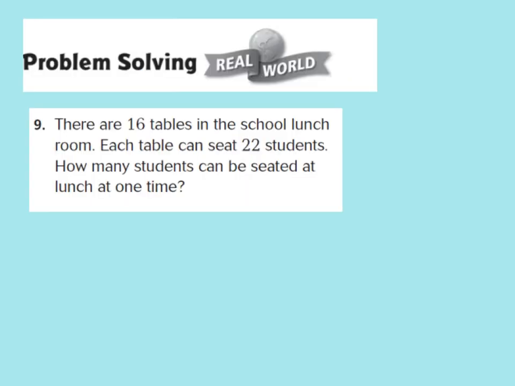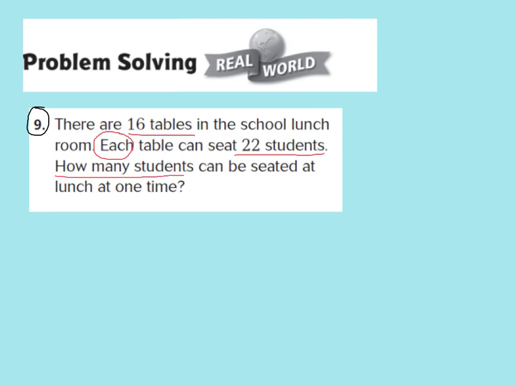Let's jump to number 9 in your Go Math book for our problem-solving question. Don't forget to circle number 9. It reads, there are 16 tables in the school lunchroom. Each table can seat 22 students. How many students can be seated at lunch at one time?